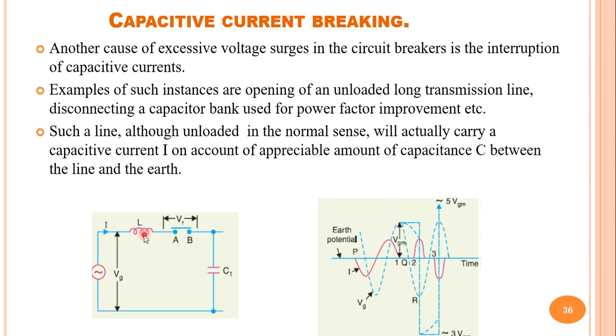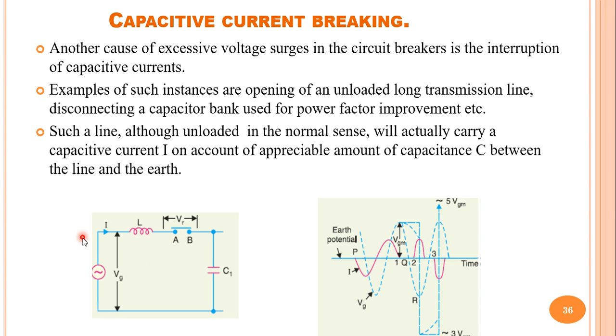So here in the system, inductance is there, capacitance is there, and the circuit breaker is connected. When this circuit breaker opens, there is an appreciable amount of charge in the capacitor C1. The capacitor is charged to the voltage Vg. So initially the positive voltage Vg is here, and the voltage across the circuit breaker is zero.